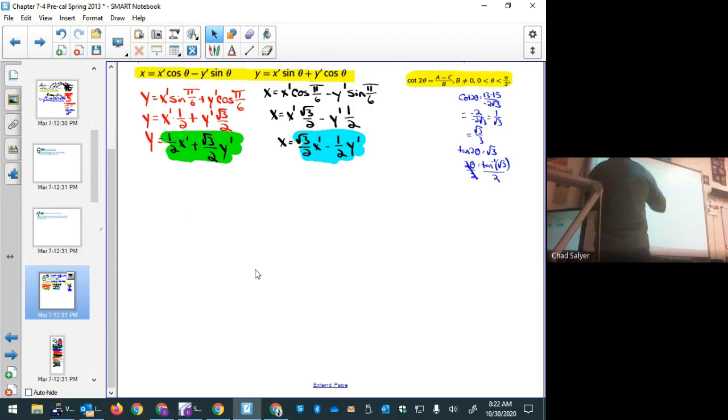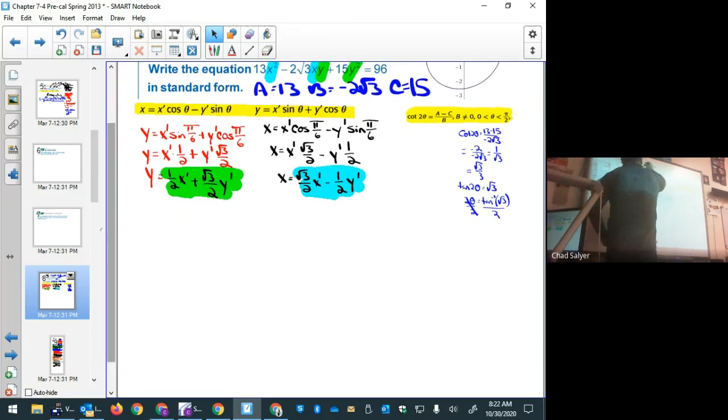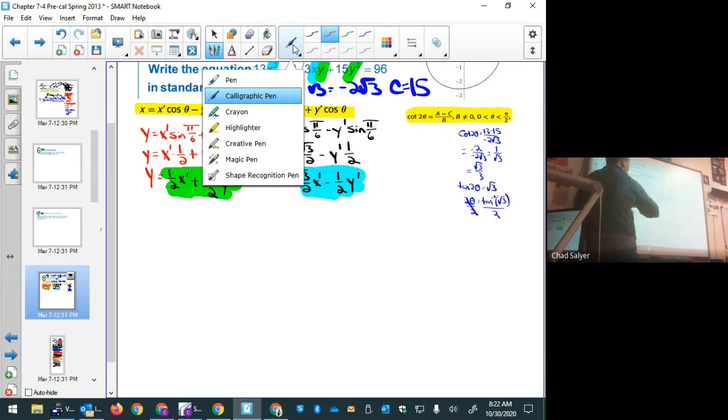Okay, now we're ready to do the real work here, and this is going to be on multiple lines. I try to confine myself to a single line with most problems. Not possible here. So this is going to extend down several lines. Be prepared for that.